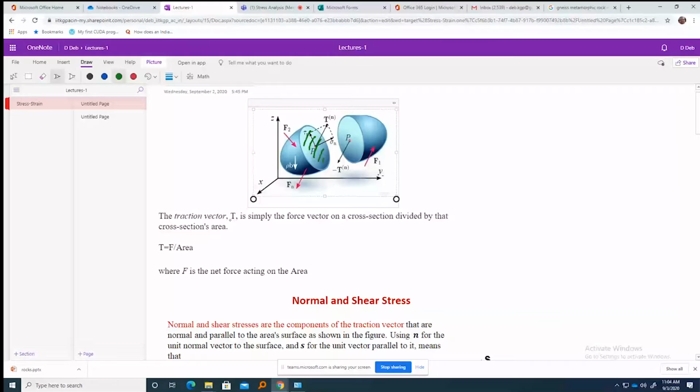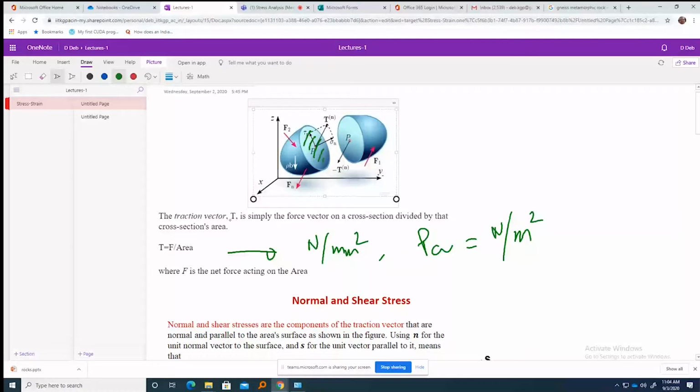So the unit of traction is also Newton per millimeter square or meter square, or if you are writing in Pascal, then it is Newton per meter square. Okay, so this is same.